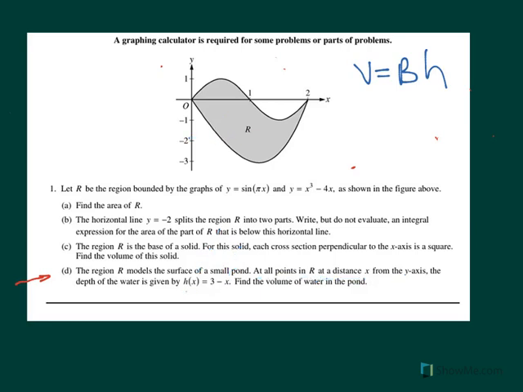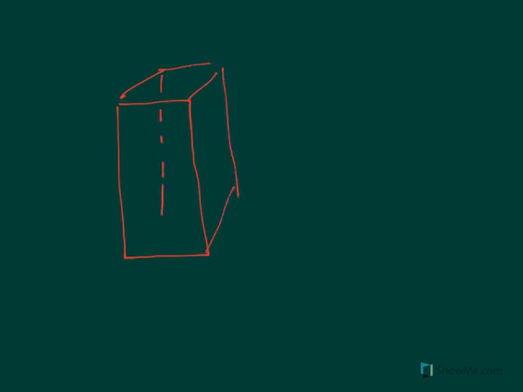So if we had a rectangular prism and we wanted to talk about the volume, what's the volume of this particular shape? It's going to be the base area multiplied by how tall it is. So it's the capital B for base area times the height.